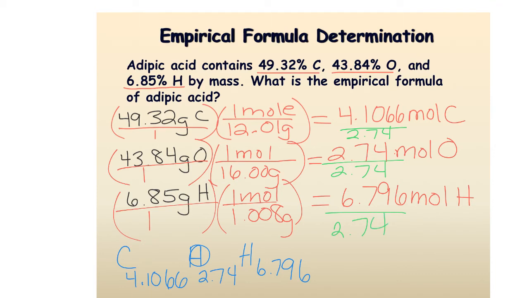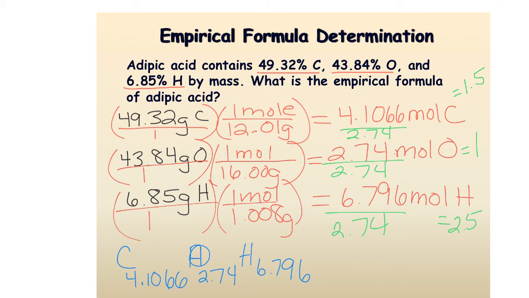Now, sometimes it will be a teeny bit off. So like this one here with carbon gives us 1.5 about. Oxygen is going to obviously give us 1. And hydrogen is 2.5.